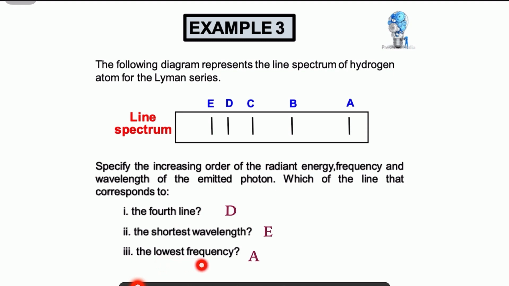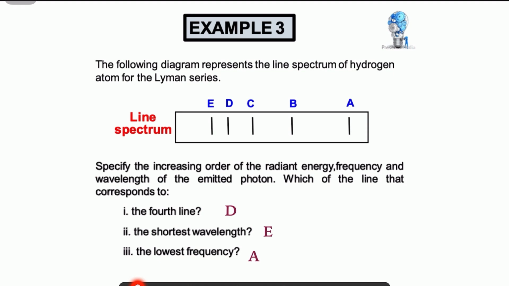The lowest frequency refers to the line with the lowest energy difference, because by using the formula delta E equal to h nu, the frequency will be lower if the energy difference is lower.